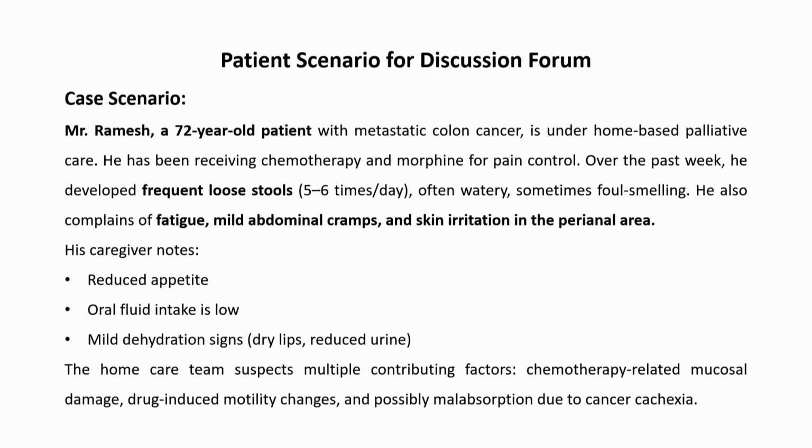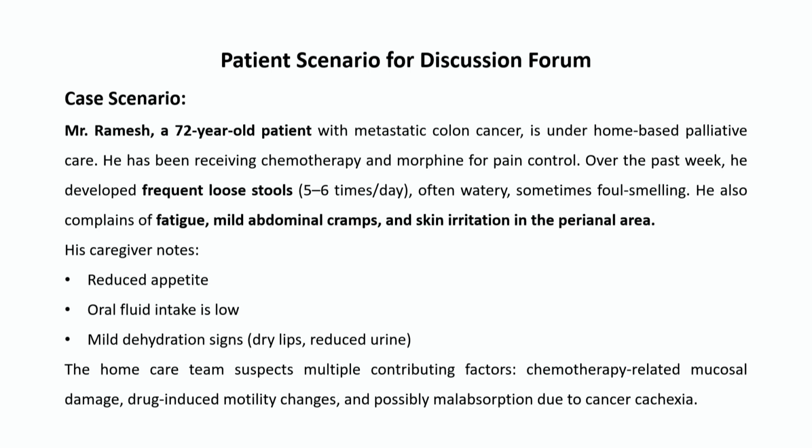He also complains of fatigue, mild abdominal cramps, and skin irritation in the perianal area. His caregiver notes reduced appetite, low oral food intake, and mild dehydration signs: dry lips, reduced urine.